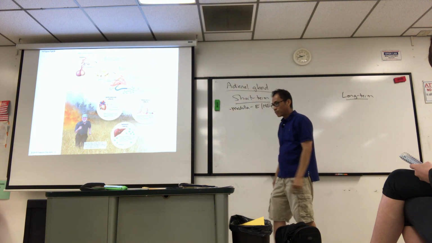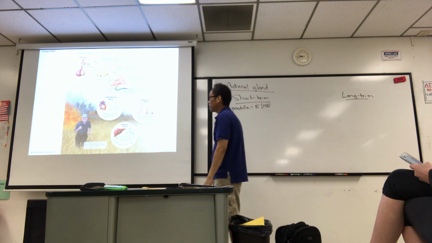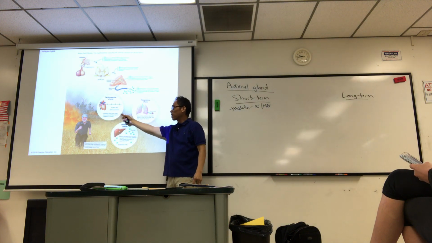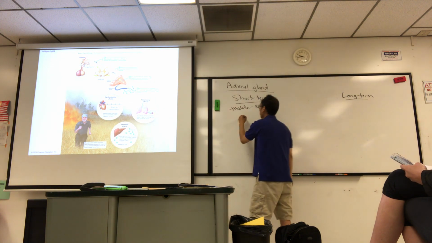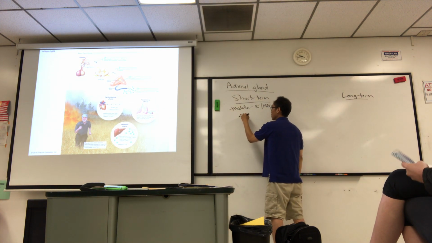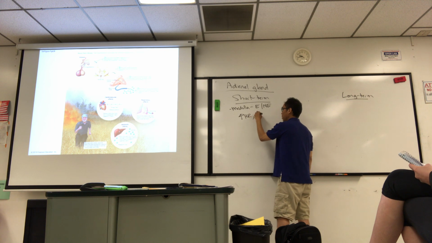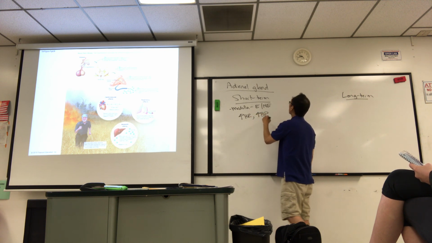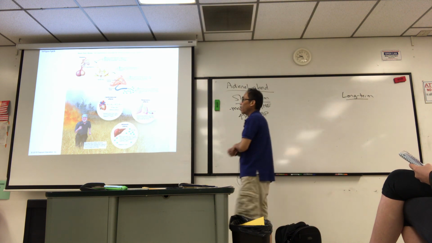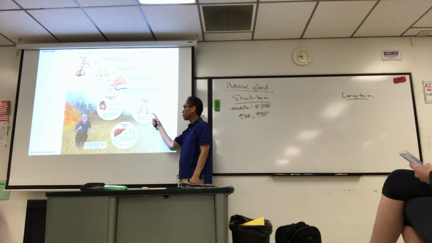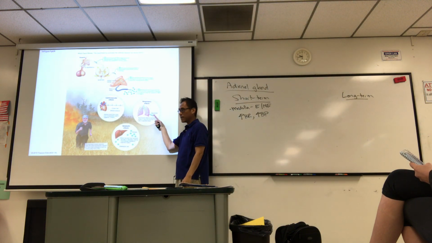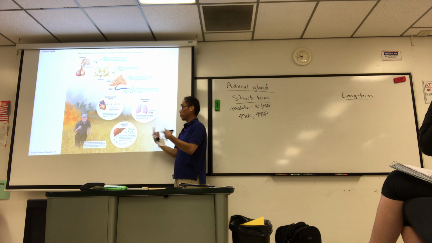And this nicely reviews the effects of catecholamines: increased heart rate and blood pressure for cardiovascular, increased HR, increased BP. I also said that, for breathing, you dilate bronchioles. Those are the smallest airways, so you increase airflow to the lungs.